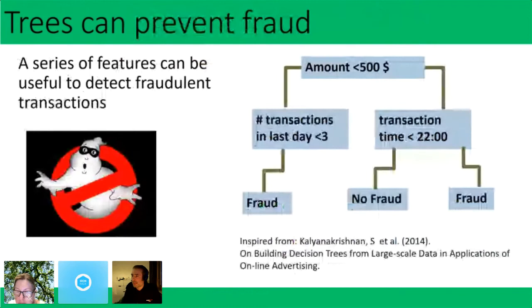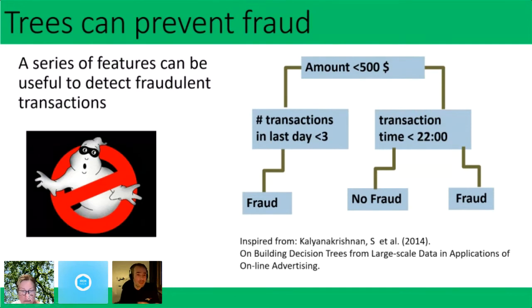Another more mundane example is in banking. So trees can prevent fraud in the following sense. We can use a number of features. For example, the amount of the transaction, the times of transaction in the last day, the transaction time, to determine whether the transaction is fraudulent or not fraudulent.